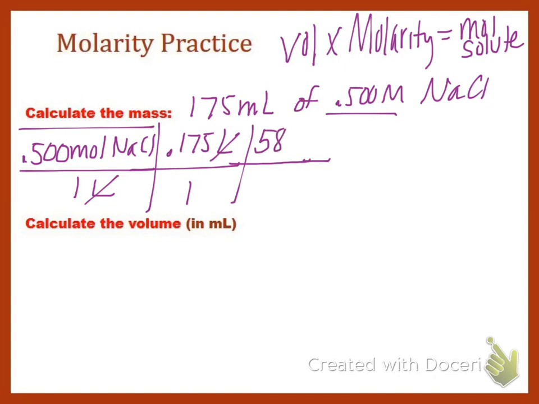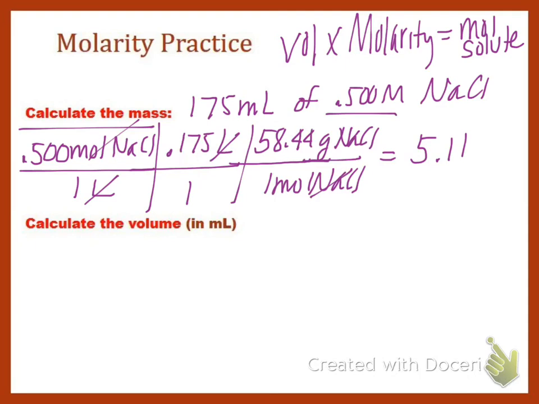So 58.44 grams of sodium chloride over 1 mole. So now my moles cancel. And throw that in your calculator, 0.5 times 0.175 times 58.44, and I need 3 sig figs, so I get 5.11 grams of sodium chloride.